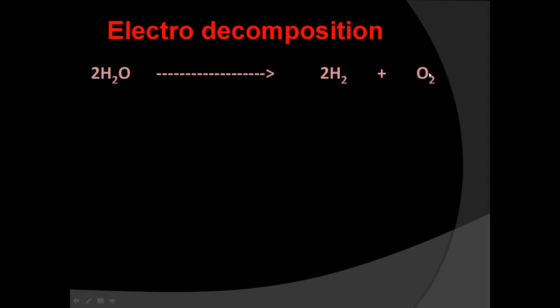Hydrogen gas and oxygen gas can be collected and separated from water. This is happening by electricity. Such a type of decomposition that occurs with the help of electric current is called electro decomposition.